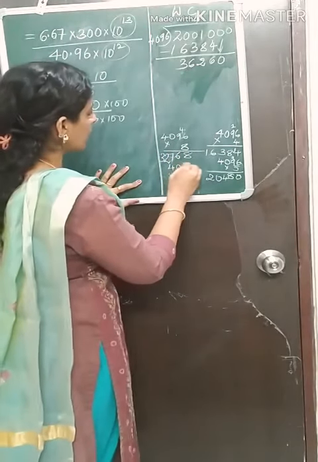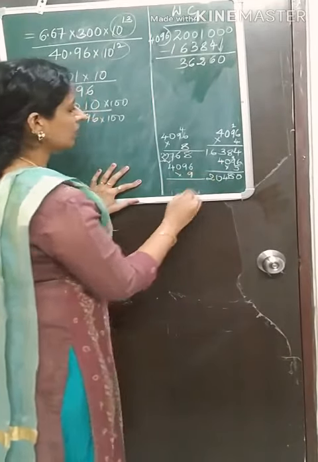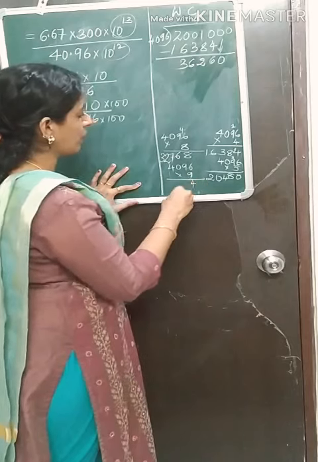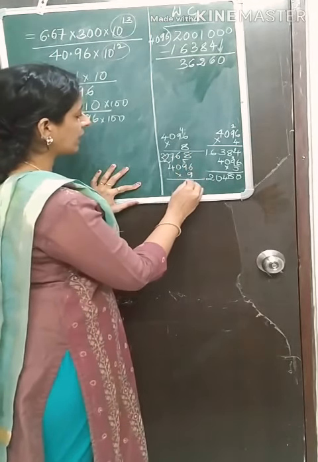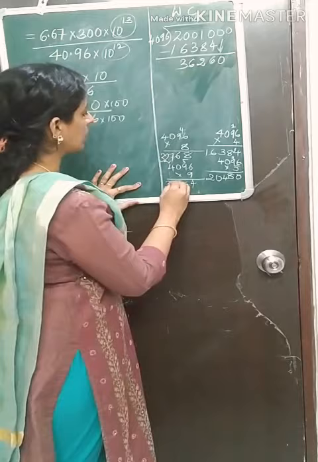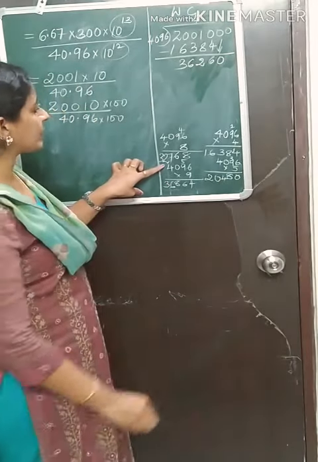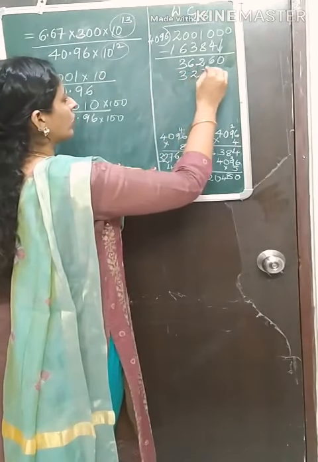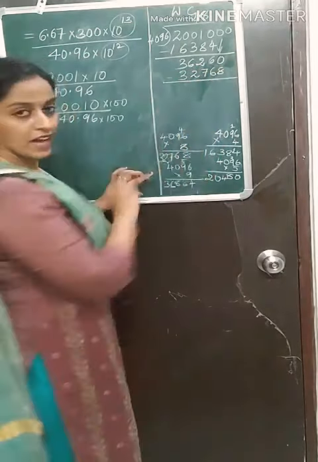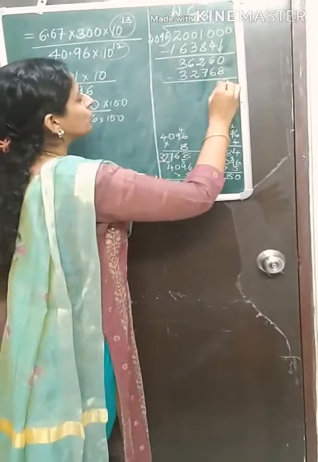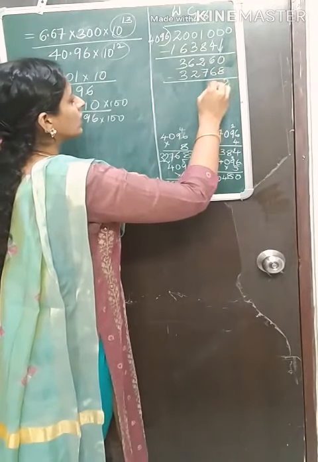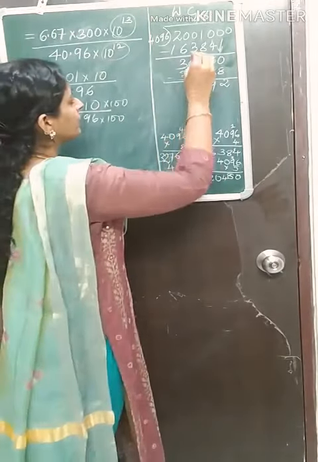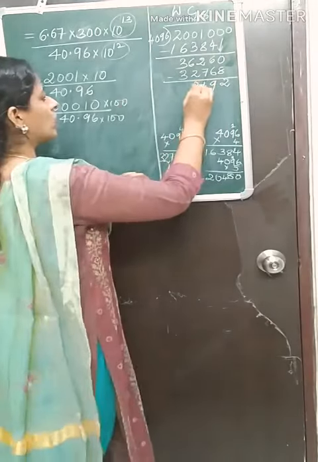We'll also try for 9s: 9 6s are 54, carry 5, 81, 86, 9 4s are 36. This is a bigger number, so we'll take 8s, 32768. Subtract: 10 minus 8 is 2, 5 minus 6 means 15 minus 6 is 9, 11 minus 7 is 4, and 5 minus 2 is 3.